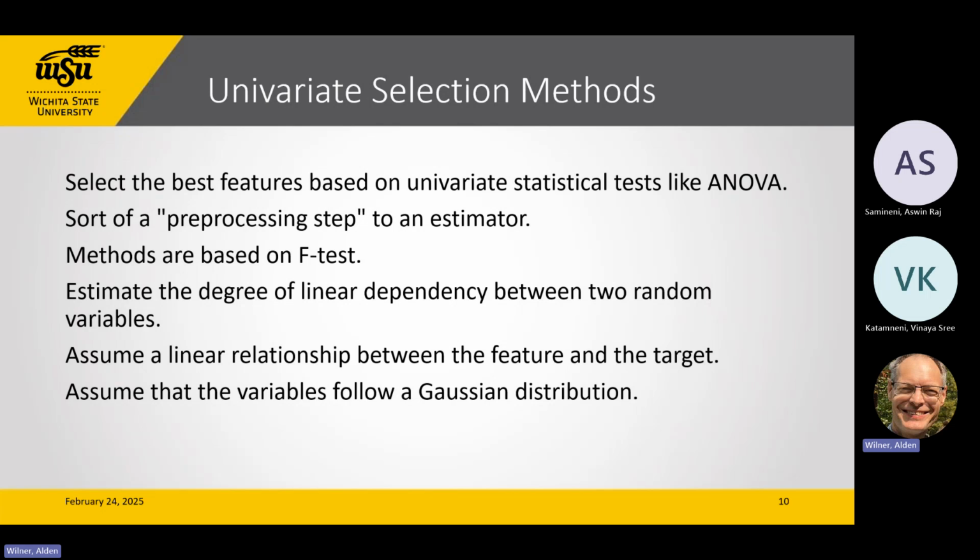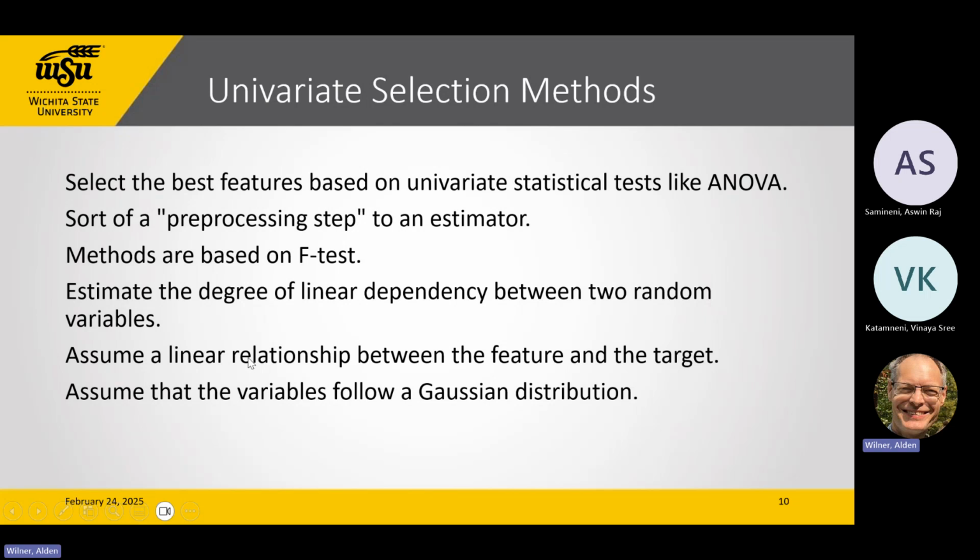We said ANOVA in the previous lecture: we've got a set of variables that we're holding as control variables, and we're asking ourselves whether the new variables are predictive or useful in our model. We're using an ANOVA test for this, so this is kind of a pre-processing step. We use an F-test. We estimate the degree of linear dependency between two random variables.